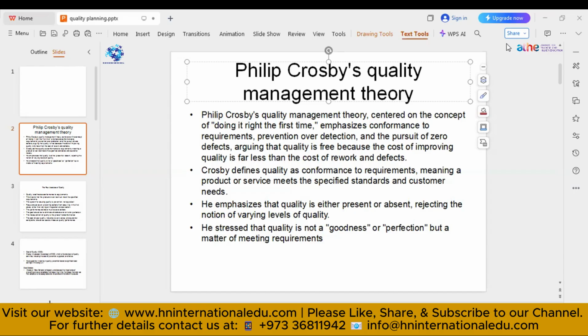Okay, in simple terms, it means that right from the start, you have to be very careful. Like you should not make mistakes. Simple. Right from the start, do it in the right way. So it will not have additional cost for your company, for your employees, additional burden. It is cost related.